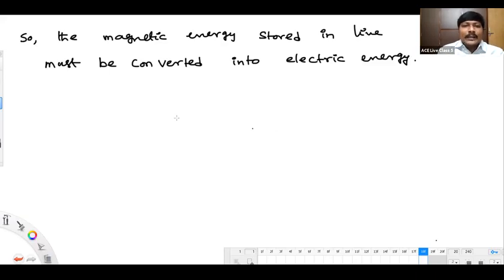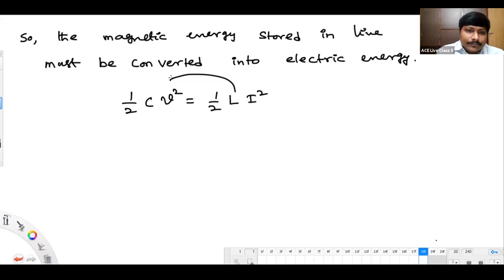So that conversion, what I am saying here is half CV square is a new electric energy developed on behalf of this half Li square. Half Li square was converted into half CV square.